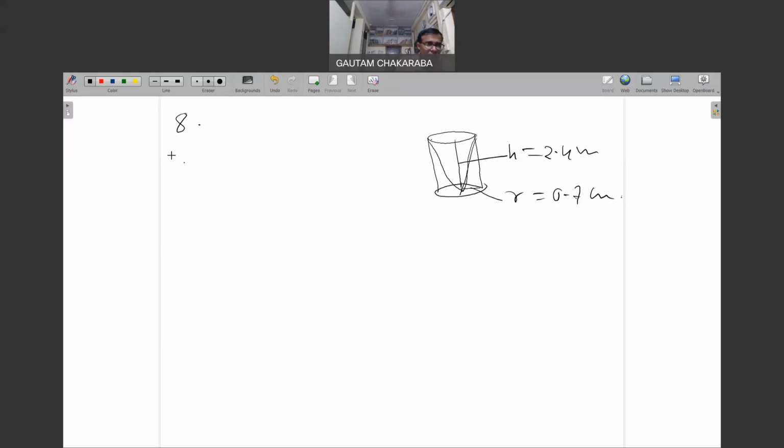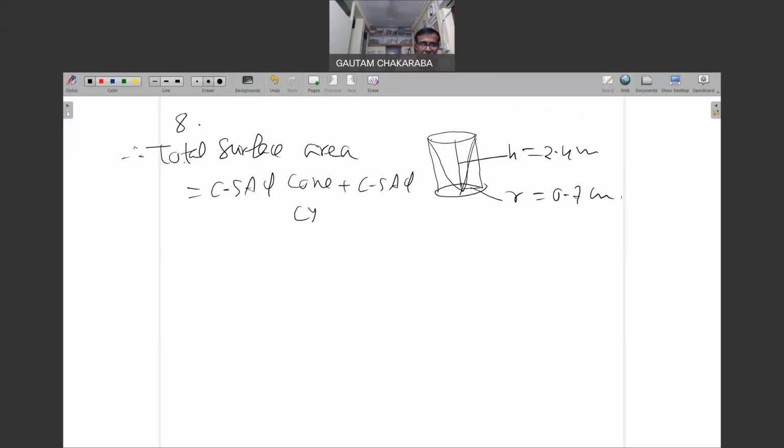Okay, find the total surface area. Therefore, CSA of cone, CSA of cylinder, area of base of cylinder.